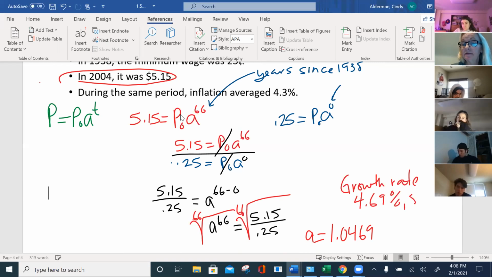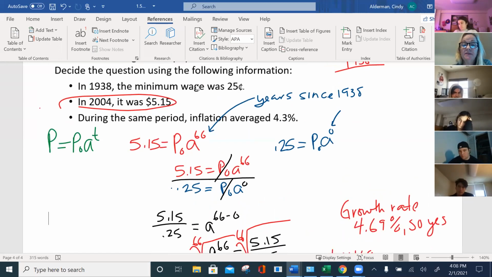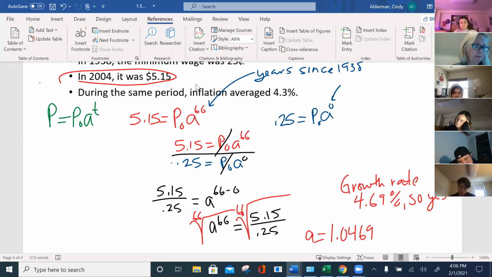So yes, you can say that minimum wage has, indeed, kept pace with inflation.